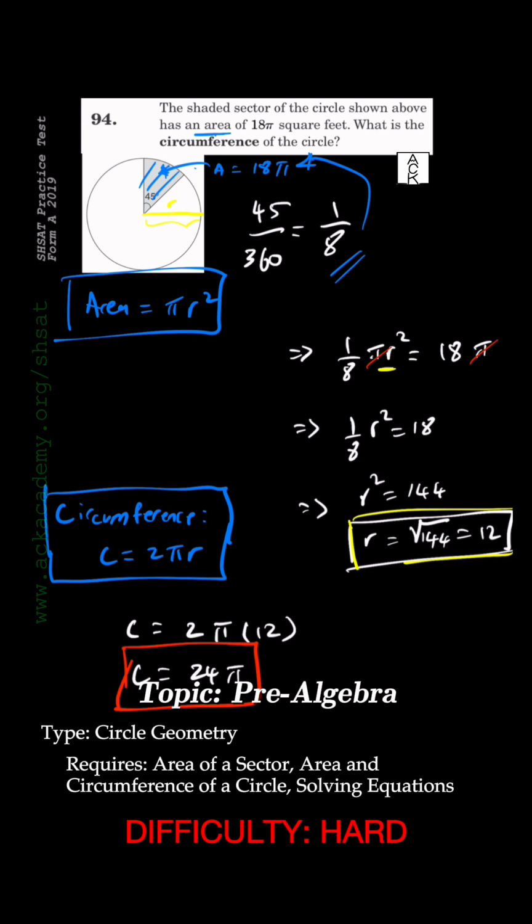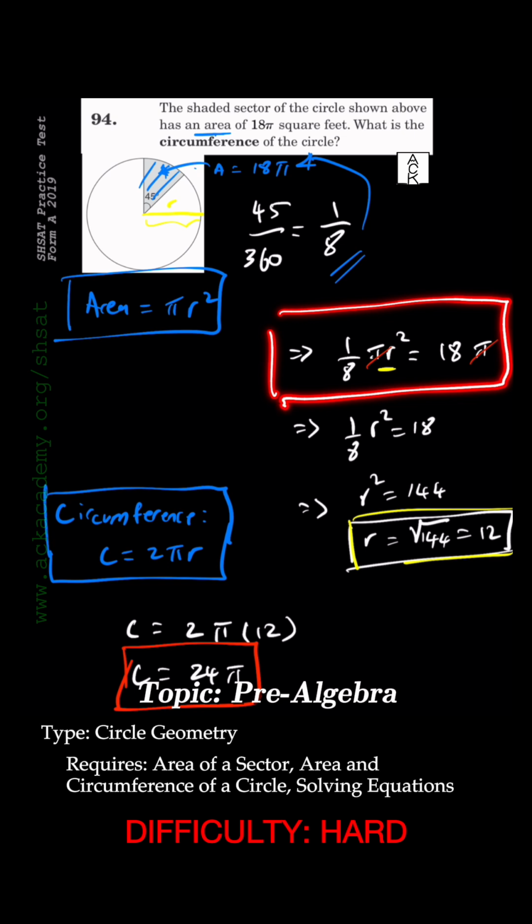The real idea here is to know that when you have the 45 degrees here, that is 1/8 of the circle, and 1/8 of that circle multiplied by pi r squared is equal to the 18 pi, which is the area of this segment.